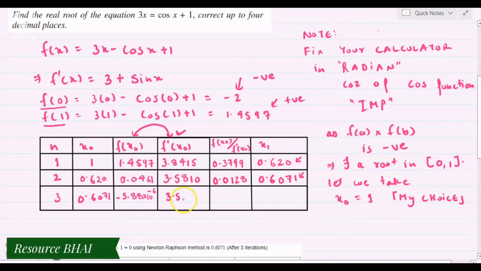It is 3.5705. Now again divide these two values, and it will be nothing but negative 1.64 times 10 to the power minus 6. Now we take the difference of this value from 0.6071, and it will be 0.6071.